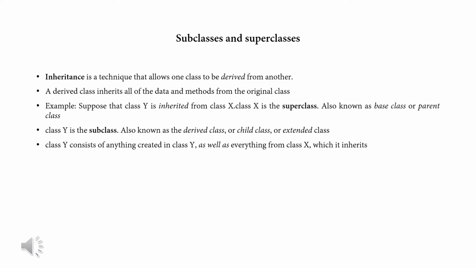And class number two, which we want to be partially or completely the same as class number one, is called a subclass, derived class, child class, or extended class. That's what inheritance means in Java.